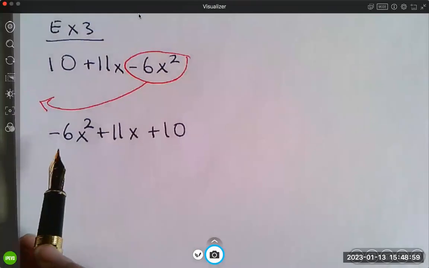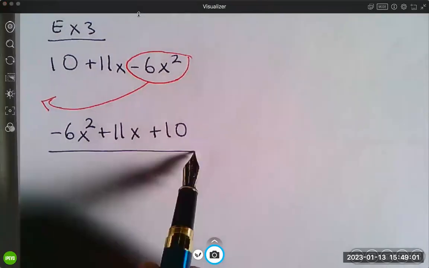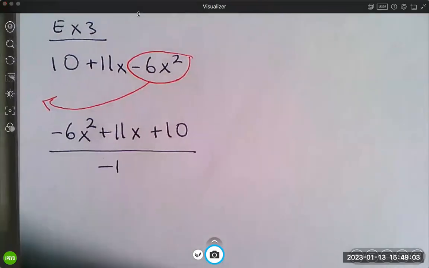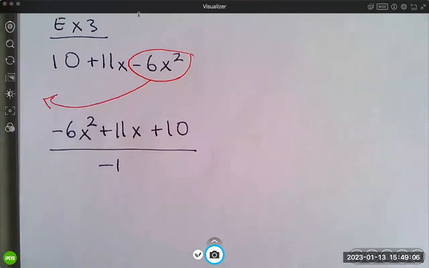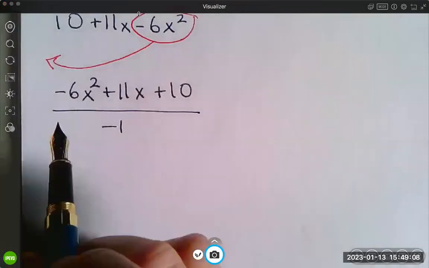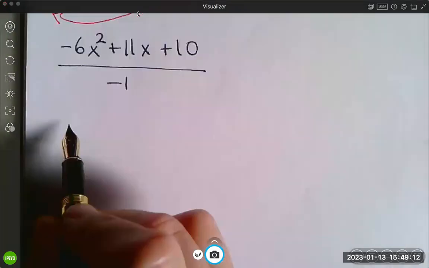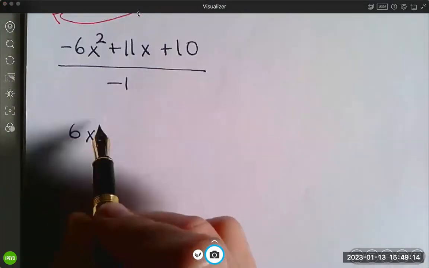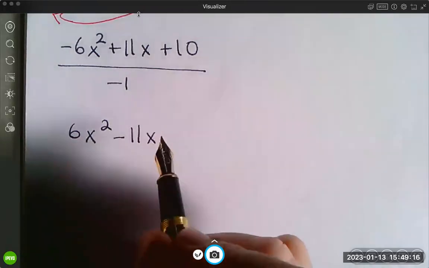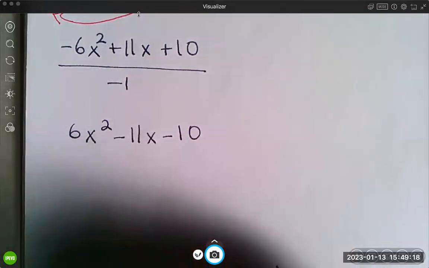That means you're going to divide everything by a -1 so that this can be positive. So in other words, all the signs are just going to flip to the opposite. So then I end up with positive 6x squared minus 11x minus 10.